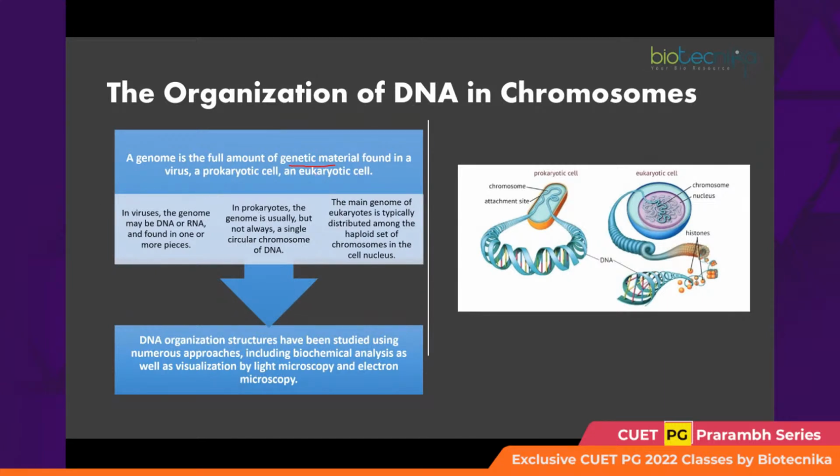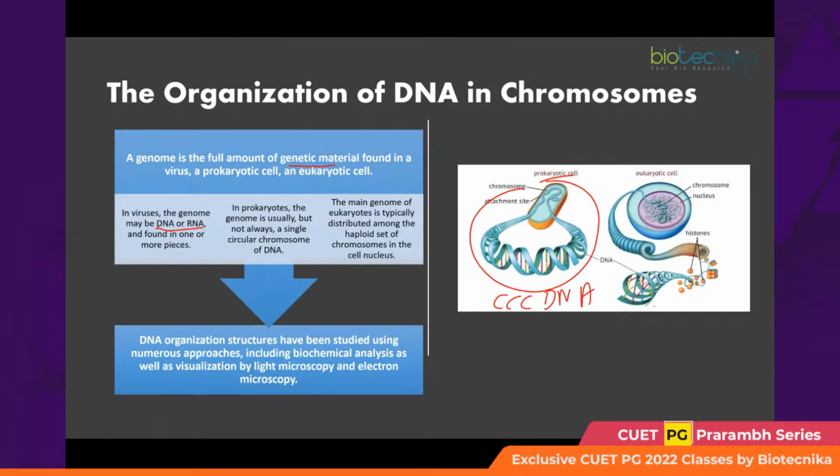In viruses, the genome can be DNA or RNA, and it can be found in one or more pieces. In prokaryotes, the genome is usually, but not always, a single circular DNA. All of you know, right? A circular, covalently closed circular DNA, which we also call cccDNA.